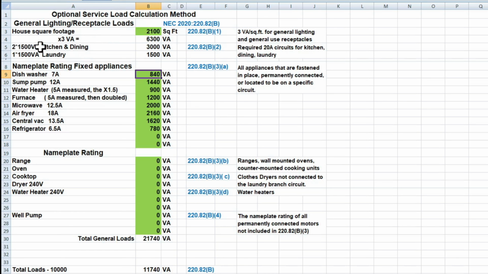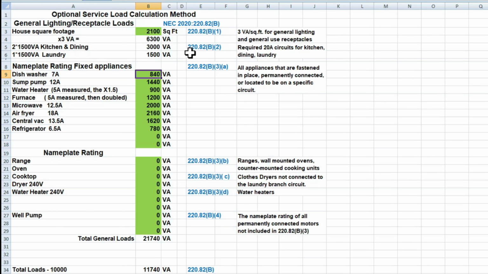Then there's the two kitchen and dining circuits that are taken at 1,500 VA each, so that's 3,000, and the one laundry circuit, that's 1,500. And this is based on, over here, you can see, 220.82 B1, 3 volt amps per square foot for general lighting and general use receptacles.